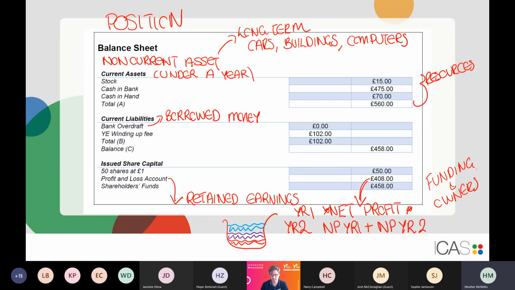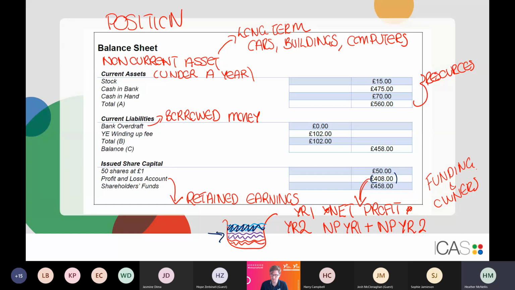What would happen is my loss would overwrite the profit that I previously made and bring it back down, and I would then be at this position. If you made a loss in year one, this would be a negative, and it would come through. If that is a negative in brackets, that means you've made a loss, so it reduces the amount that's available.